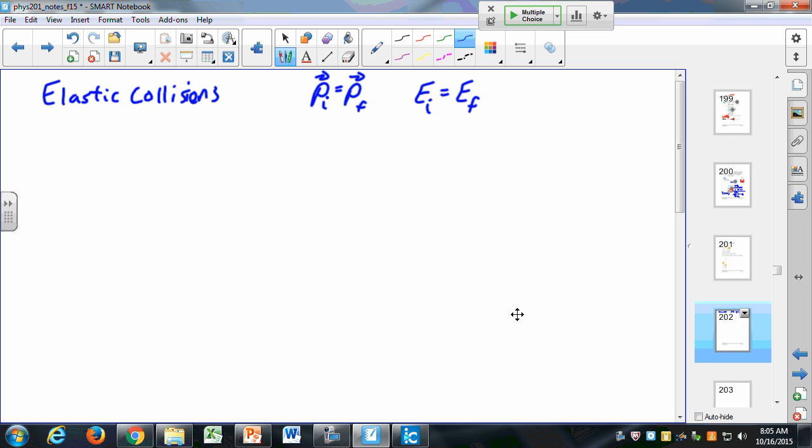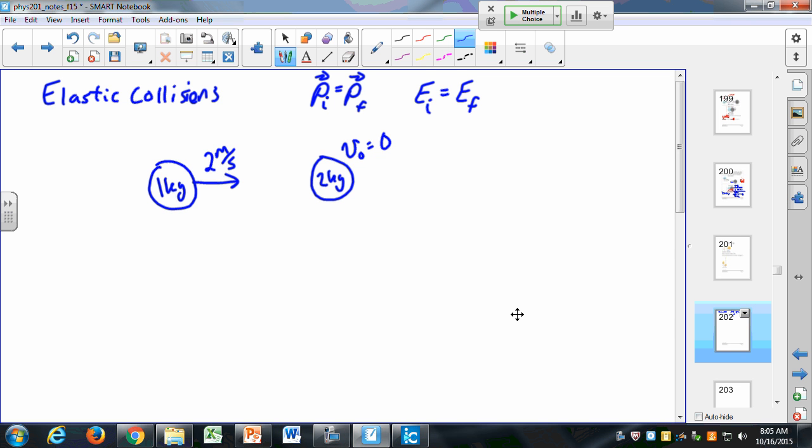All right, so let's say that I have two particles. I have a 1 kilogram particle traveling at 2 meters per second in the x direction. That's its initial velocity. And then I have another particle, a 2 kilogram particle, that has an initial velocity equal to 0. I want to know the final speed of both particles.